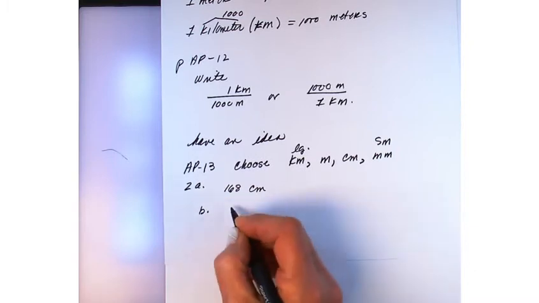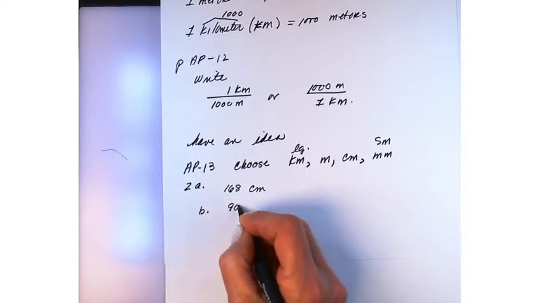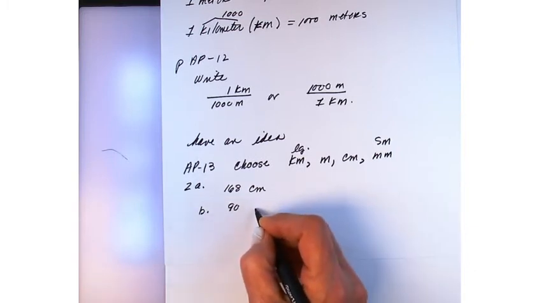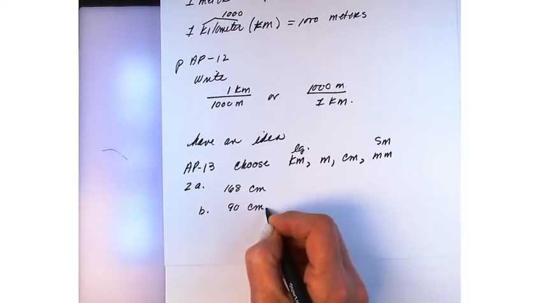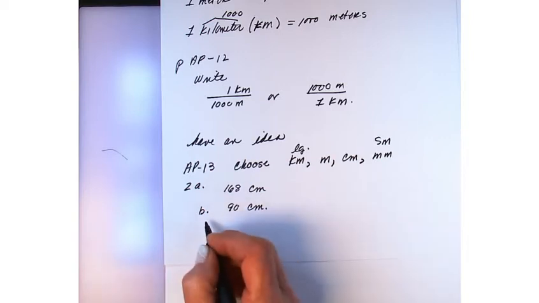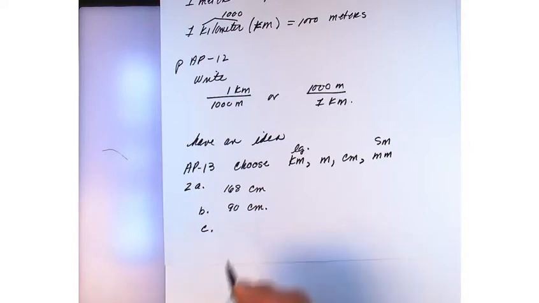B, measuring a man's waist, we would take a tape measure and go around, and it would be in centimeters. Looking at C, Louise ran 100 blank dash.